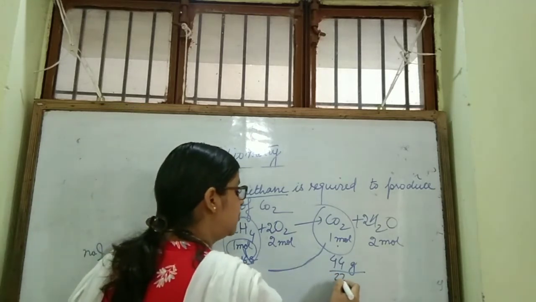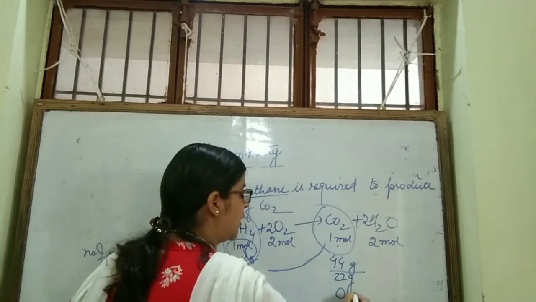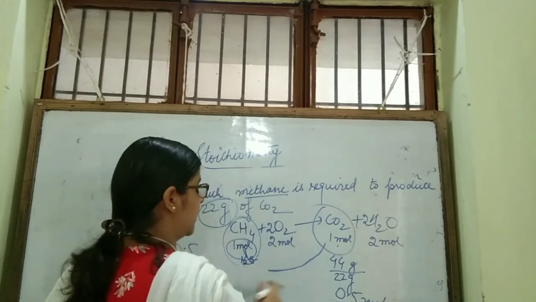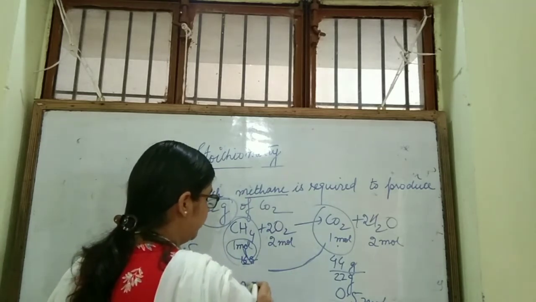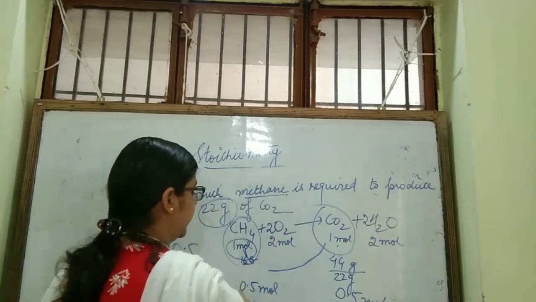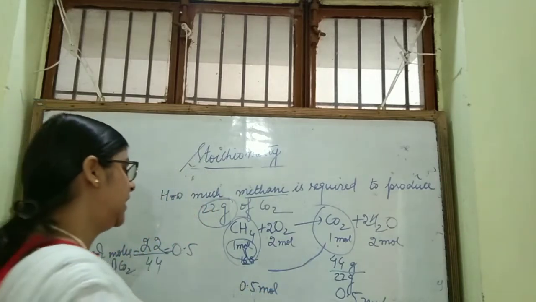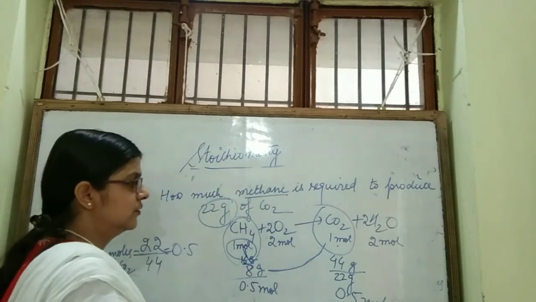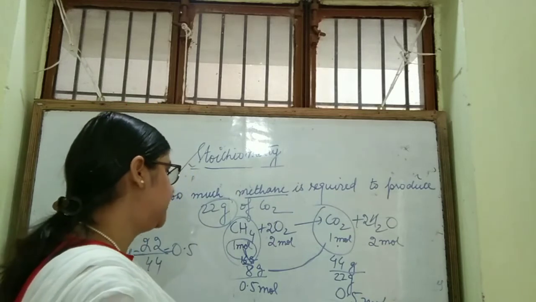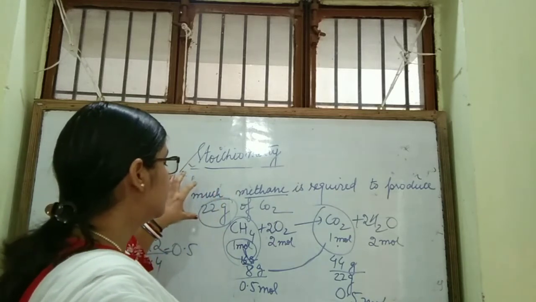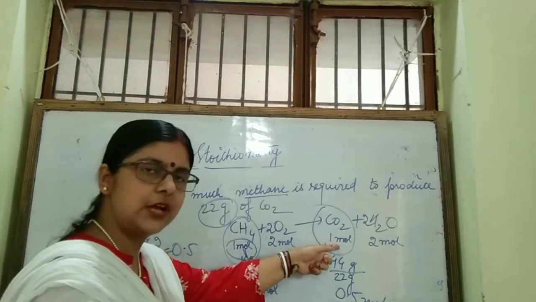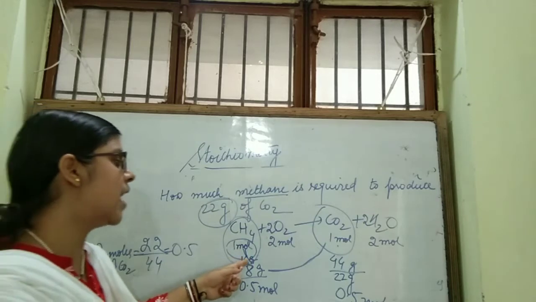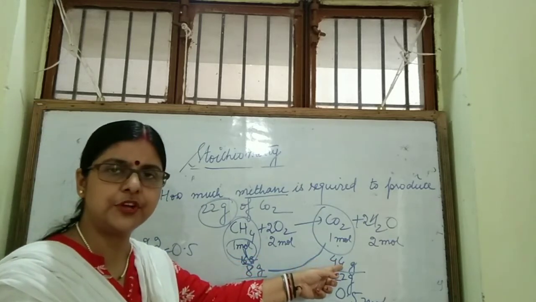So 22 gram, that is 0.5 mole carbon dioxide, will be produced from 0.5 mole methane. And in terms of mass, that is 8 gram methane. Again I am explaining: 1 mole methane gives 1 mole carbon dioxide, that means 16 gram methane gives 44 gram carbon dioxide.